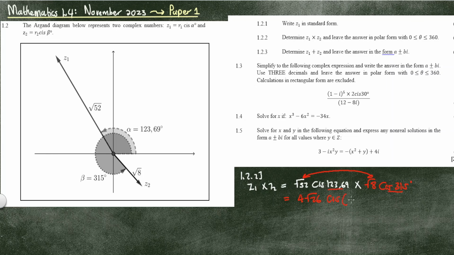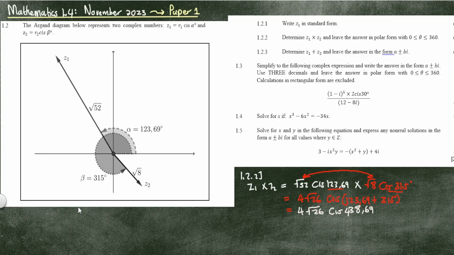So 123.69 plus 315 degrees. The final answer is 4 square root 26 cis, and 123.69 plus 315 is 438.69.